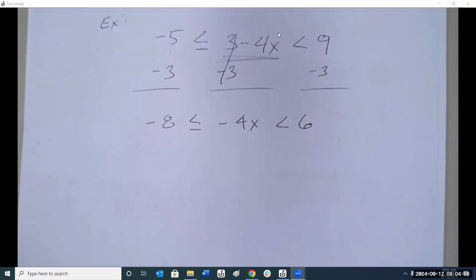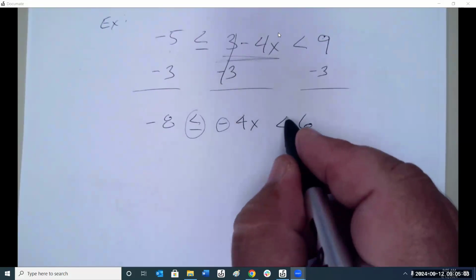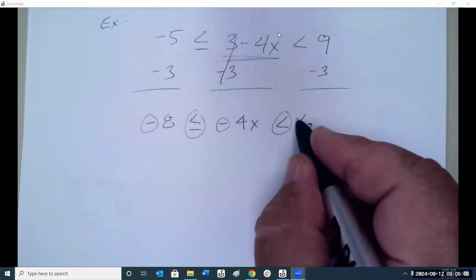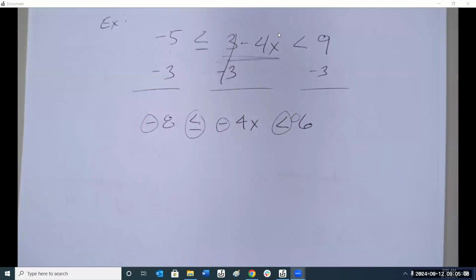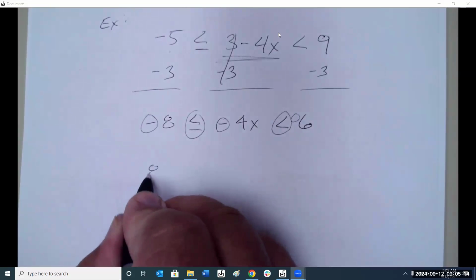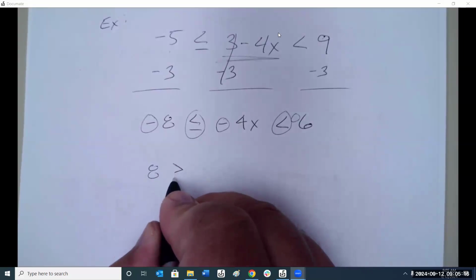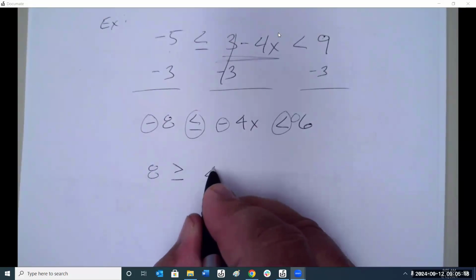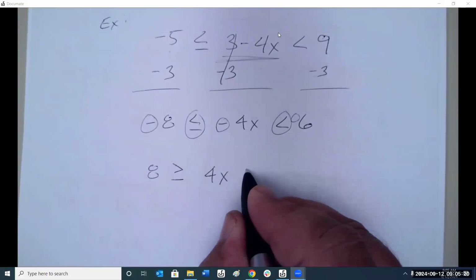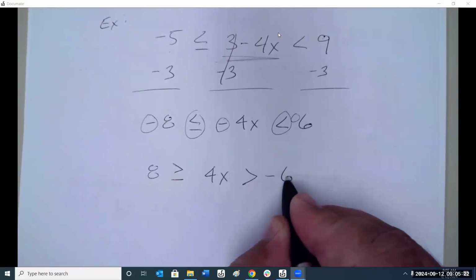Remember, treat the signs and numbers. So we have to change the negative. When we change the negatives, we have to change everything across the equation. Change the coefficients, change the signs, change the inequalities. So this one becomes +8. This one becomes greater than or equal to +4x, is greater than -6.